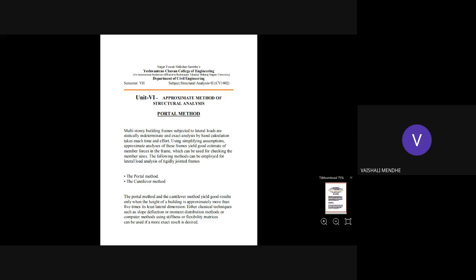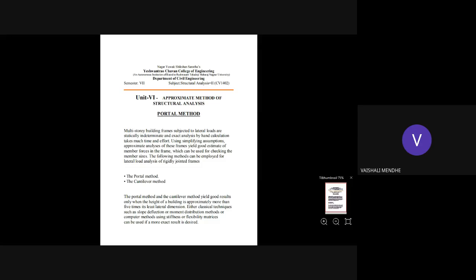Either classical techniques such as slope deflection or moment distribution methods, or computer methods using stiffness or flexibility matrices, can be used if a more exact result is desired.